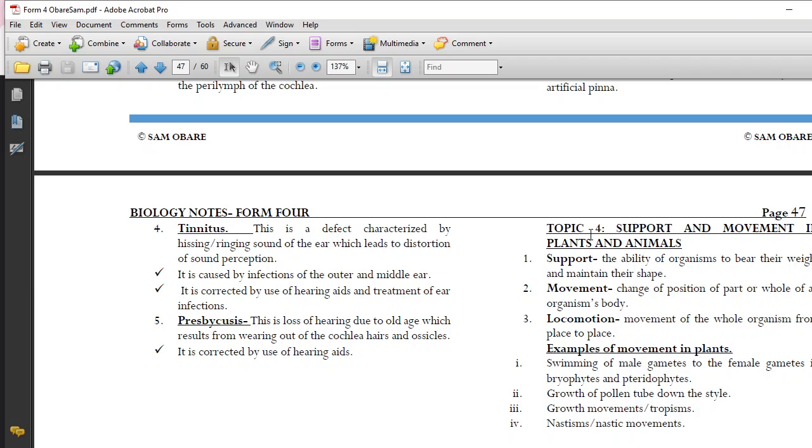Once the oxygen has oxidized the glucose molecule, we are forming energy as one of the products. Then the second product is a waste product we call carbon dioxide. Now, this carbon dioxide has been formed as a result of oxidation of the glucose molecule to generate energy.